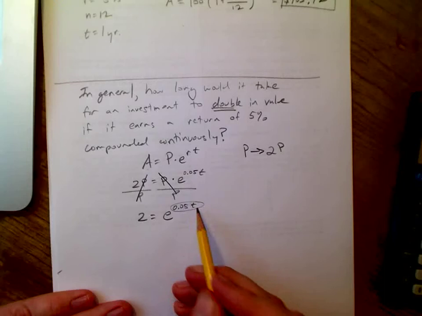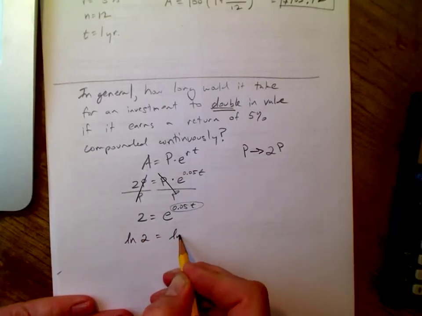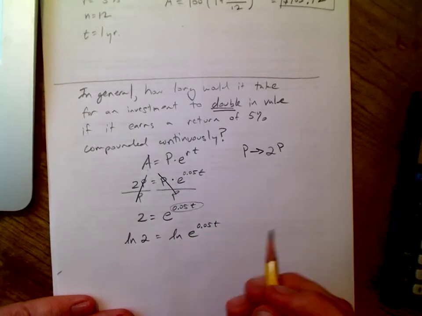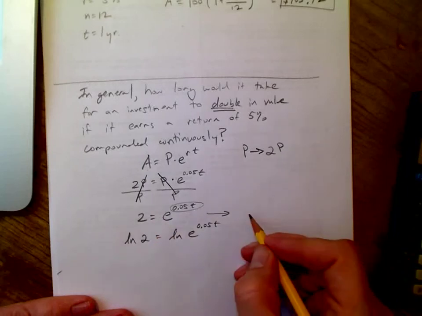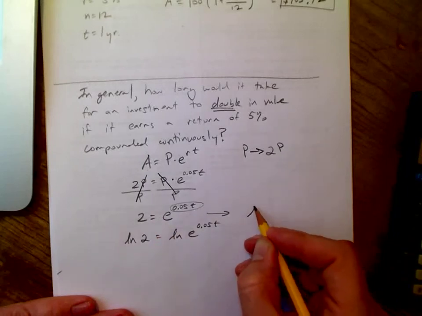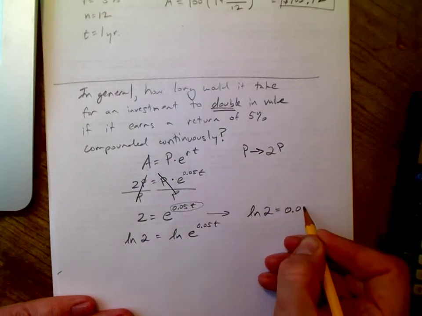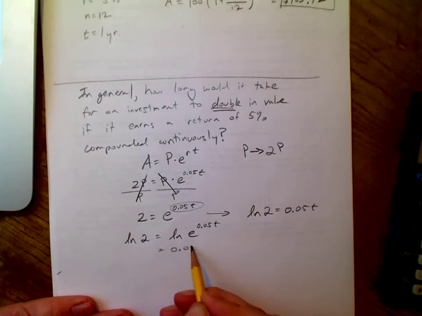Now we've got an unknown as an exponent. We can take the natural log of both sides of the equation, or conversely, you can just convert from an exponential to a logarithmic equation and say the natural log of 2 is equal to 0.05t, which is what's going to happen here.